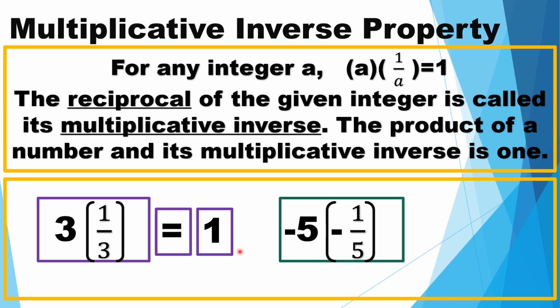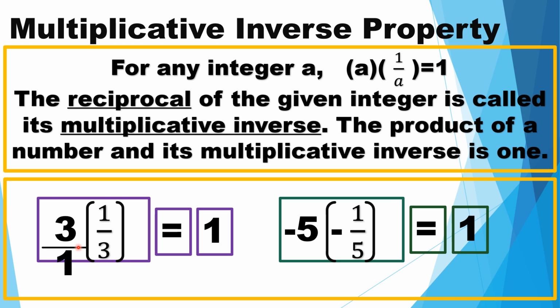Negative 5 times negative 1/5 is equal to 1. Negative 5 times 1 is equal to negative 5, divided by negative 5 is equal to 1. So, pag sinabing reciprocal, to change to the opposite position. So, tandaan, the denominator of any integer is 1.